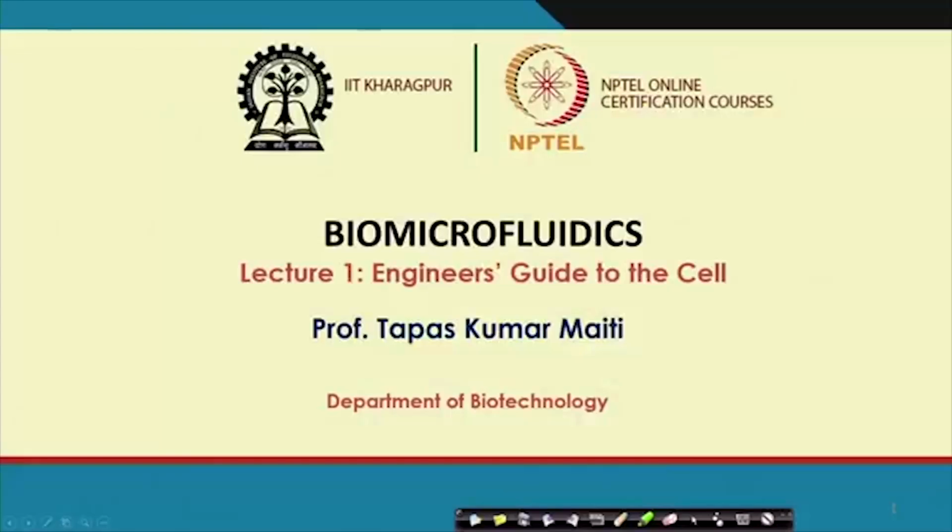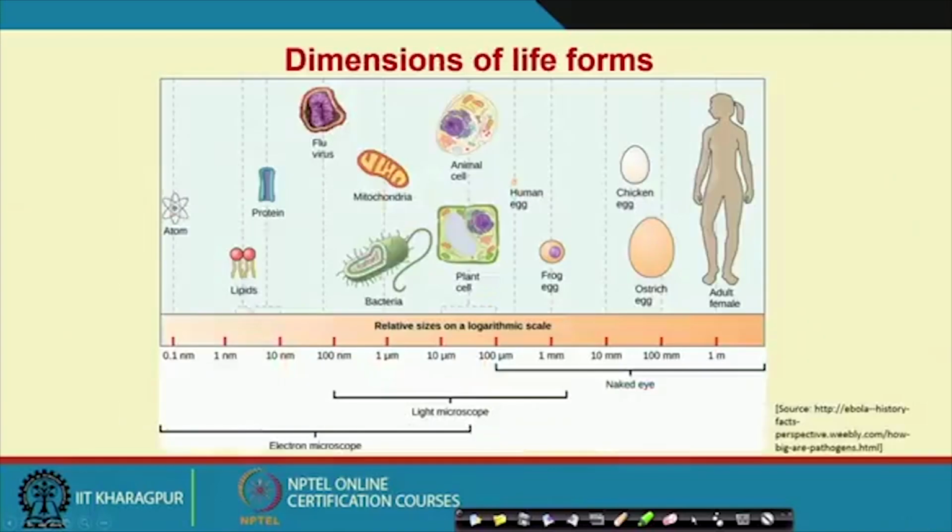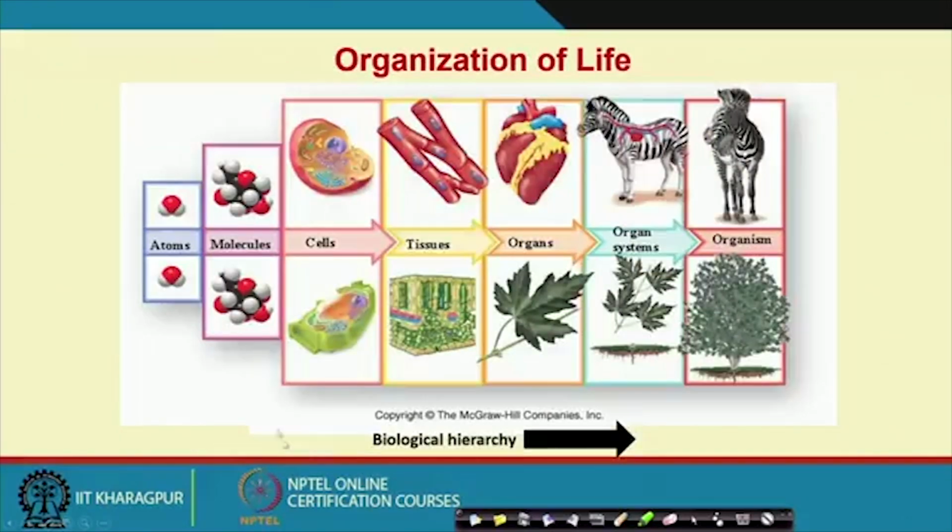Cells are the unit of all living organisms, and comprise different types of molecules. So this is the cell. This is the unit of living organisms, and it obeys all the physical and biophysicochemical laws of nature, which are obeyed by non-living matters also.